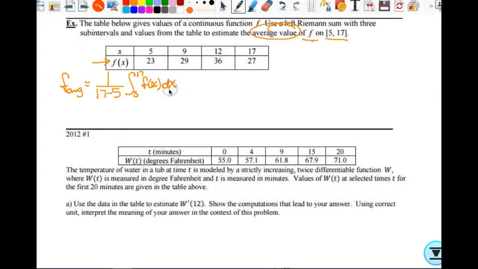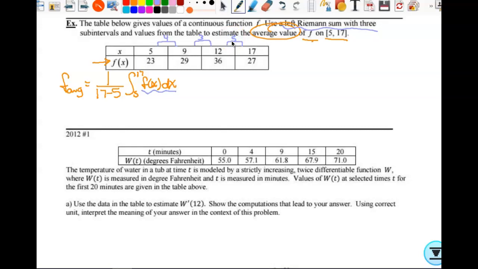Y'all agree with that? And then this part right here comes from the left Riemann sums. Okay, so my left Riemann sums, 3 subintervals. So here's my 1, 2, 3 subintervals. The difference here is 4. The difference here is 3. The difference here is 5.